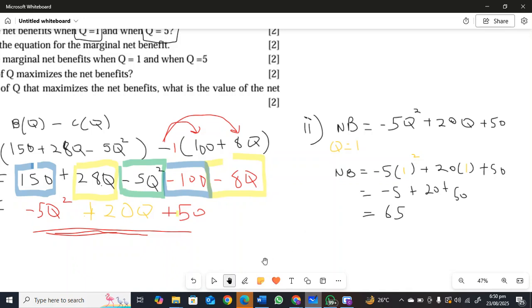Then when you produce 5 units, Q equals 5.